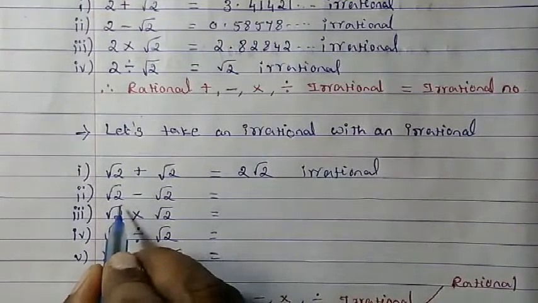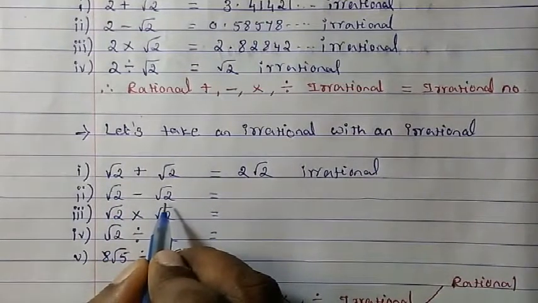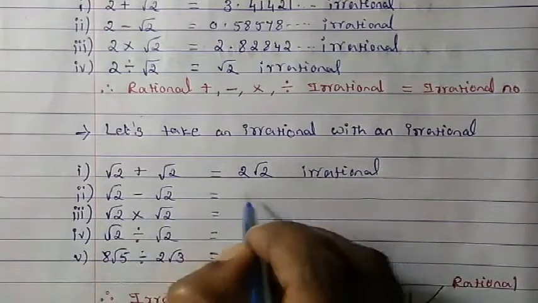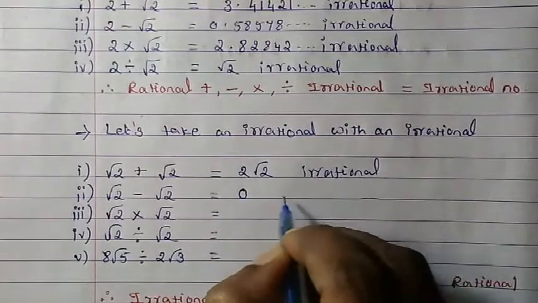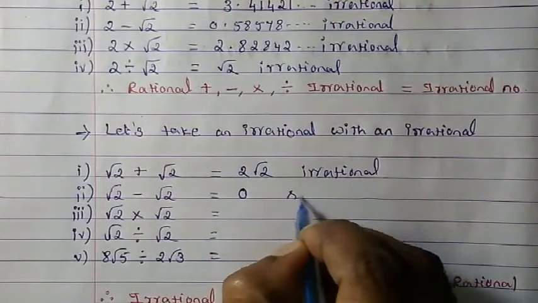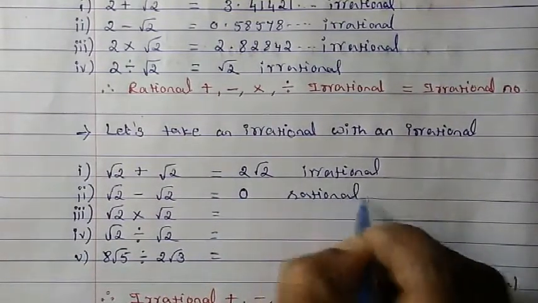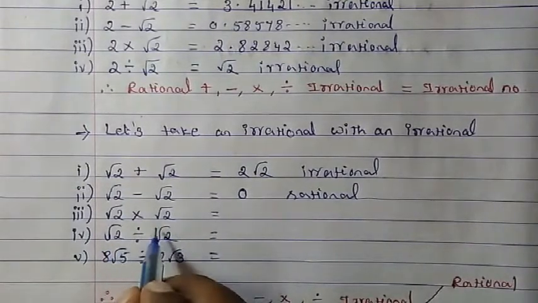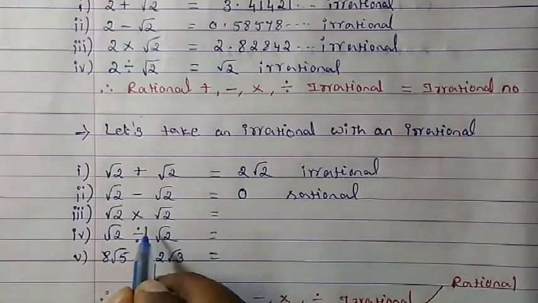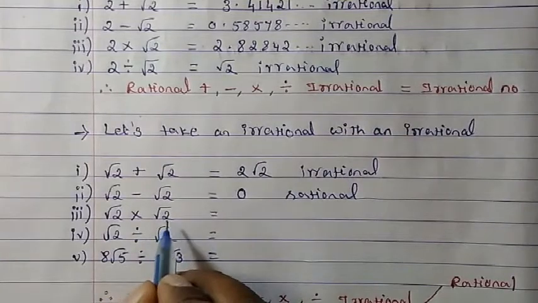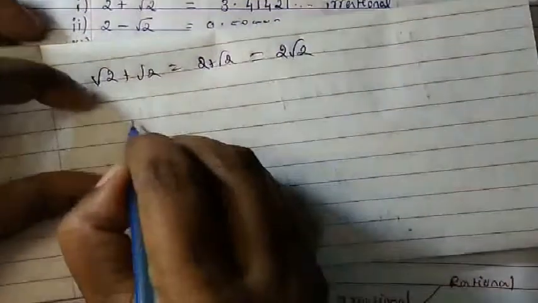Now when you are subtracting root 2 from root 2, we will get 0. So 0 is a rational. Now when you are multiplying root 2 into root 2, what happens?